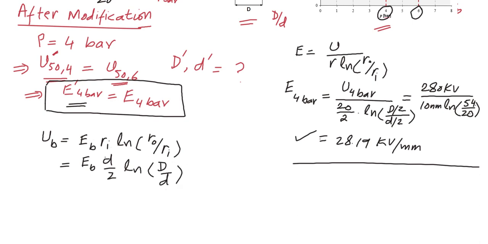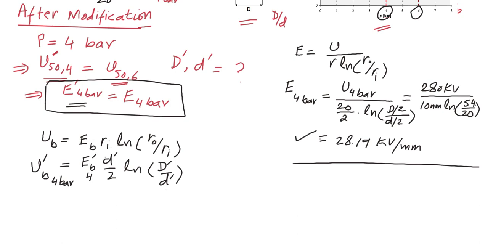Now we are talking about after the modification. So U_B bar at 4 bar, after the modification. We are going to put a bar on everything to differentiate between before and after modification. So E_B bar at 4 bar, capital D bar and small d bar.